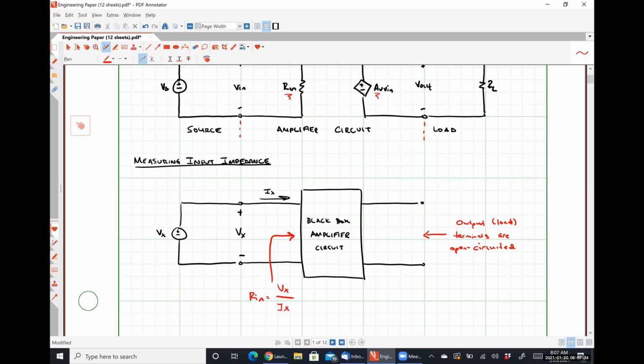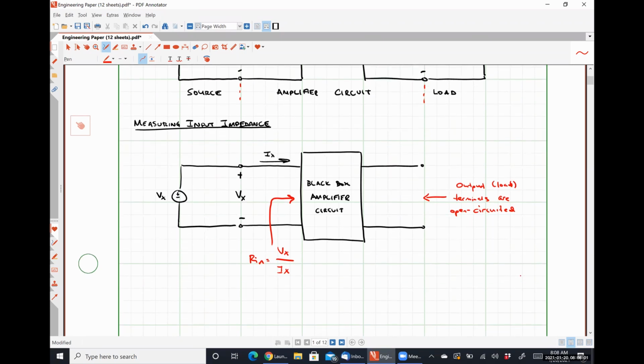We do this because if we see the load effectively in parallel with the amplifier circuit, we are going to see the loading effects of that load included, which is not characteristic of the amplifier itself. So we need to make sure that we disconnect that load whenever we're trying to determine the input impedance of an amplifier circuit. Now for us, we have BJT amplifier circuits.